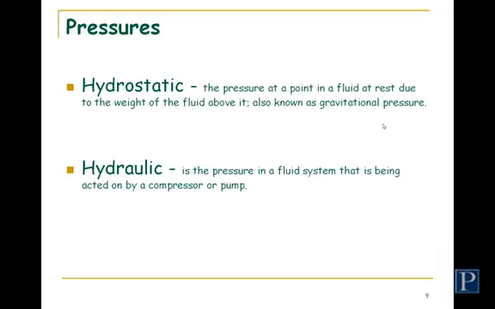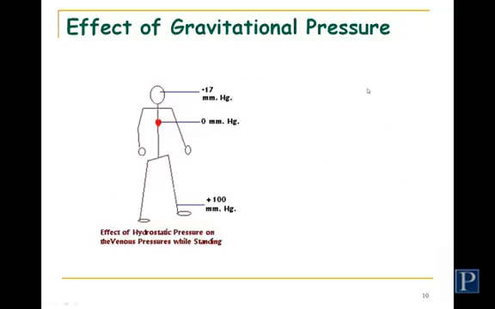So let's look at an upright person, our little stick figure, and we're just going to look at venous pressures. So here's the heart. Venous pressure at the level of the heart should be 0. Don't have to memorize all these numbers. What I want to show you is, as you move down in an upright person, towards the feet, the venous pressures will steadily increase.